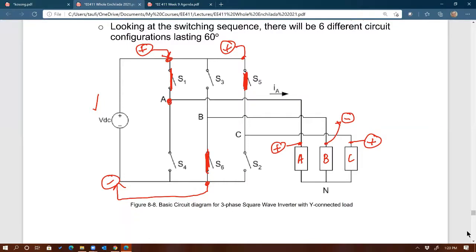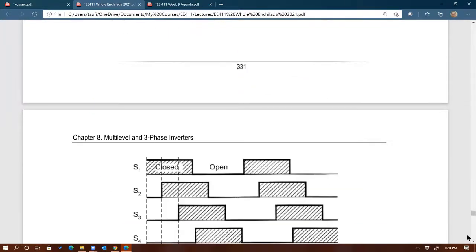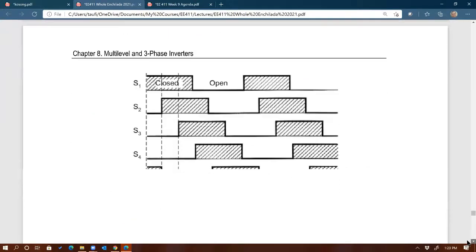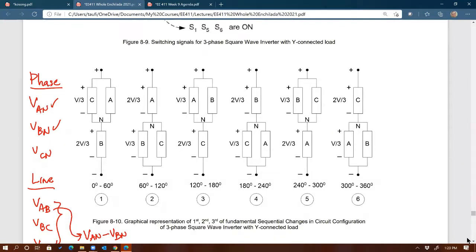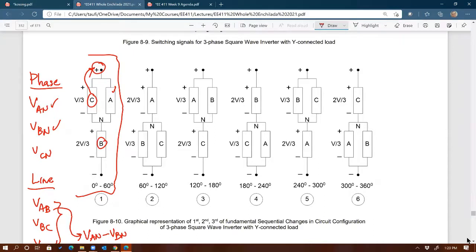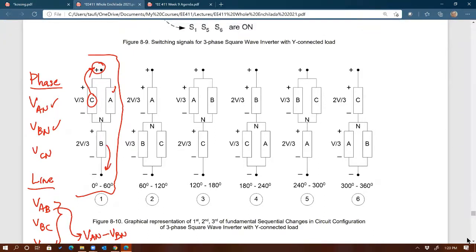Yes? So if I draw that here, just the load side, okay? Then that's what you see, right? Right here. A is connected to the positive, C is connected to the positive, and B is connected to the negative. You see that? So I'm redrawing the load, right?